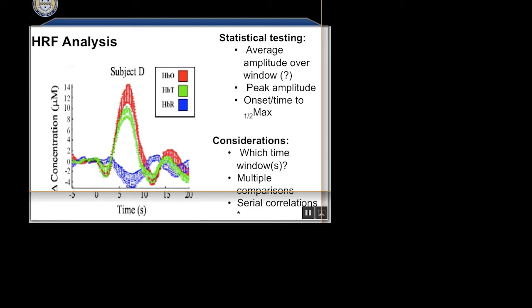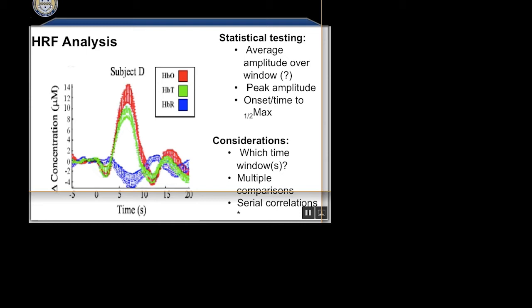You would compute the average and the error bars for that window, and maybe compare it to the average and error bars for some baseline window. People also do, although I don't advocate it, look at peak amplitude or time to onset as a statistical parameter. But somehow you take this hemodynamic response and compress it into a single test: is this window different than that window?